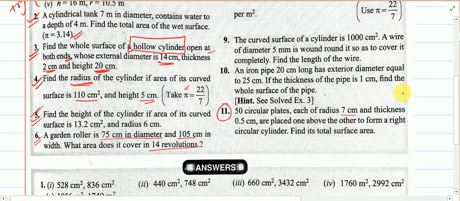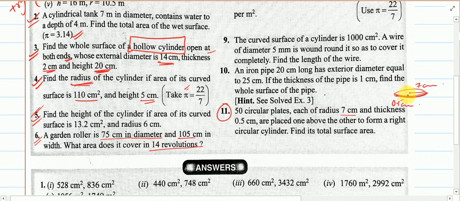Okay, it's trying to say that one plate is there whose radius is 7 centimeter and this thickness, okay, this thickness is 0.5 centimeter.